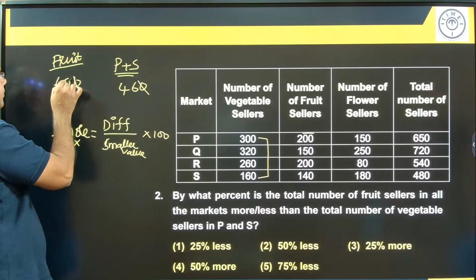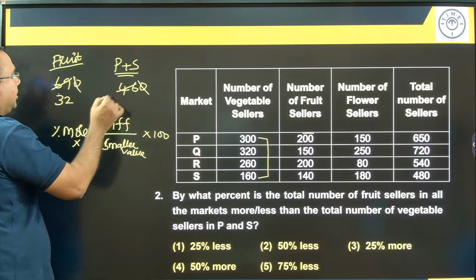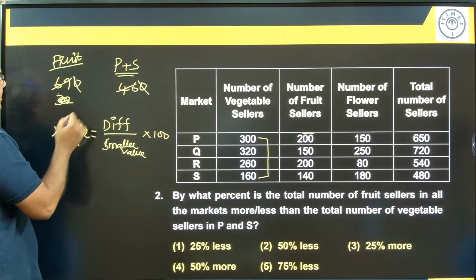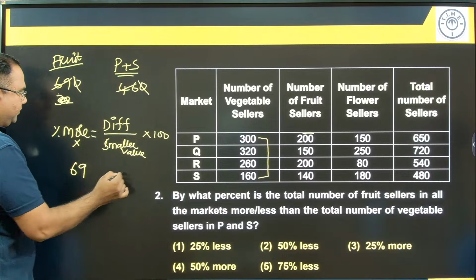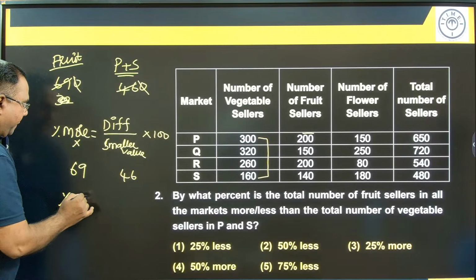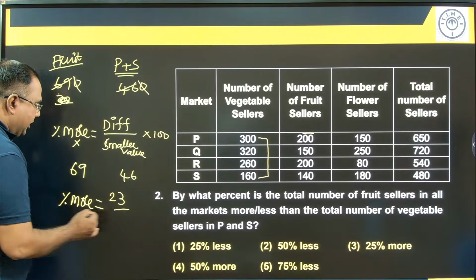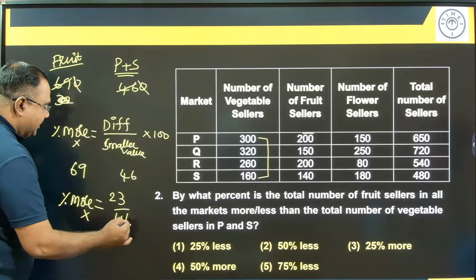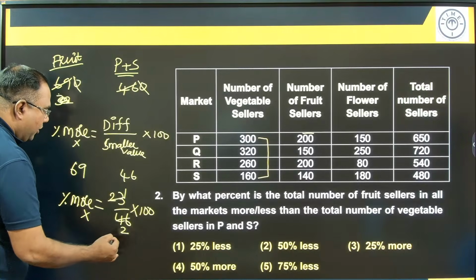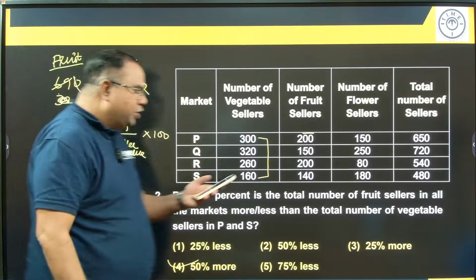Then I can say, 690 and 460 become 69 and 46. So you can calculate percentage more, no? Difference 23. Opposite of more, smaller value 46, times 100. So clearly it is 1 upon 2. 1 upon 2 is 50% more. 50% more is present in choice 4.